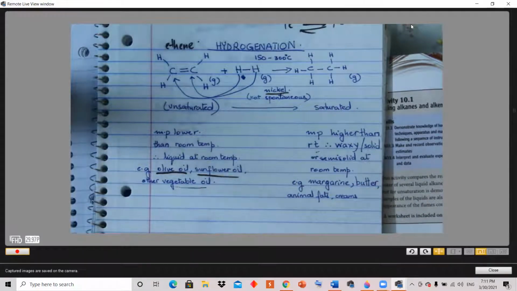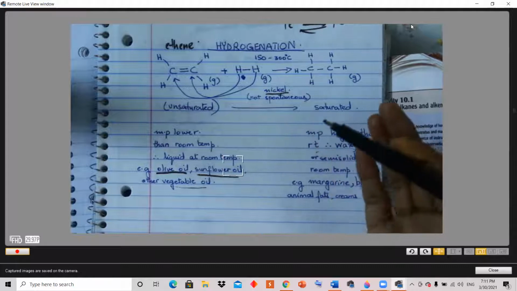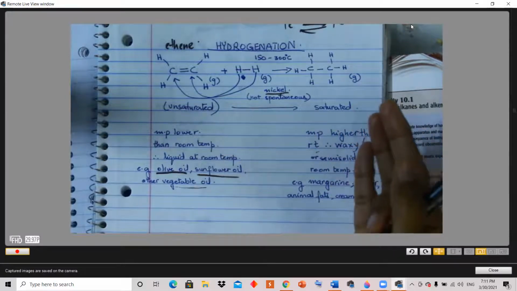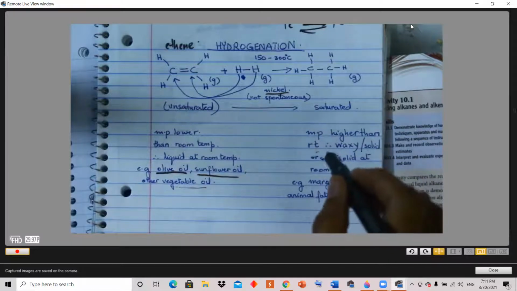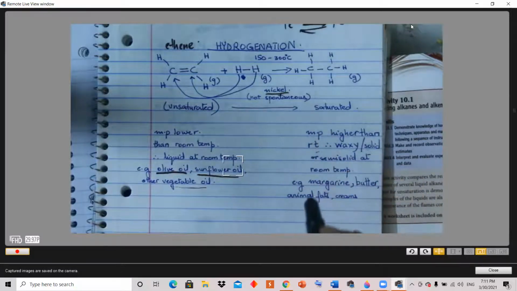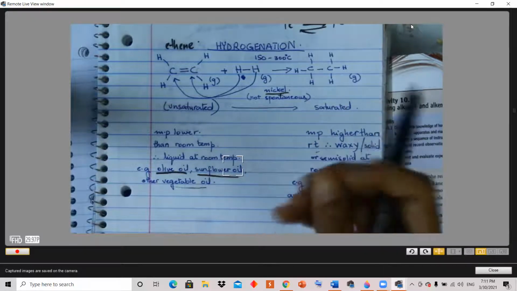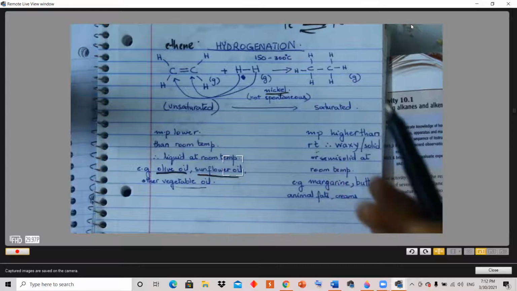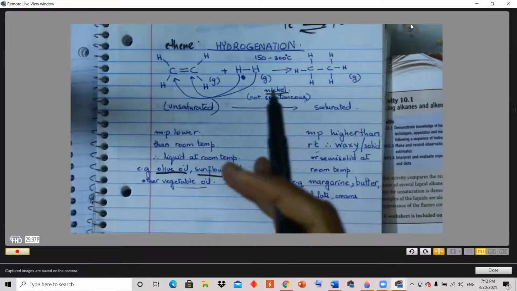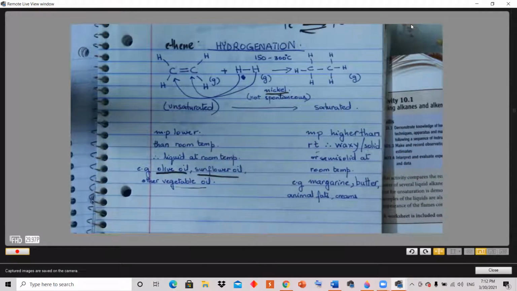Now, according to some scientists' research, saturated fats are not good for our health because sometimes their melting point is even higher than our body temperature. So in our vessels they exist as waxy solids, which leads to atheroma formation and atherosclerosis, and therefore heart diseases.